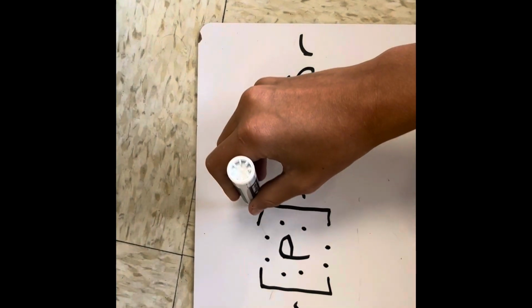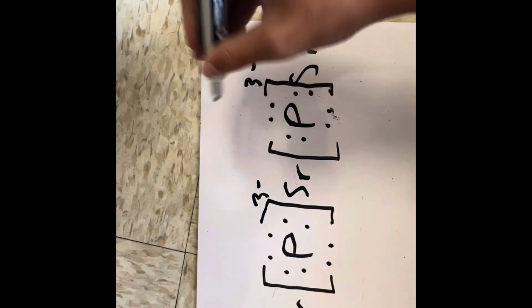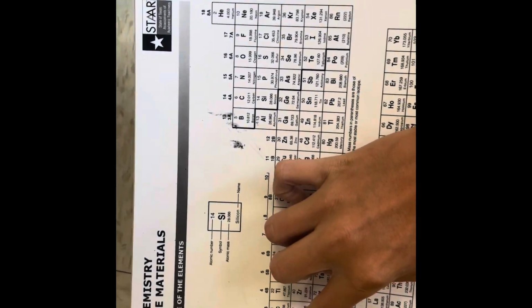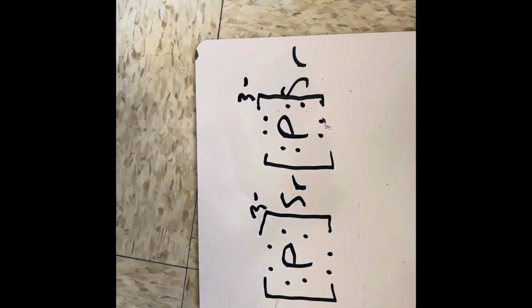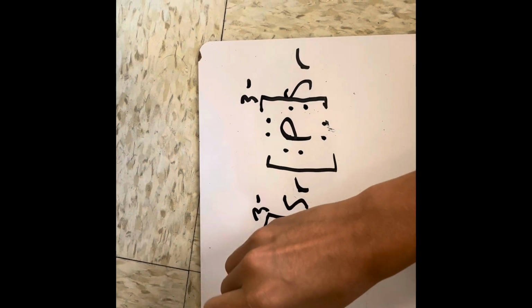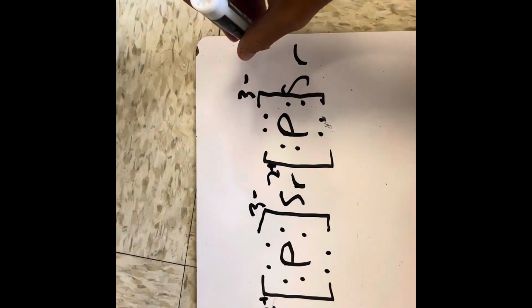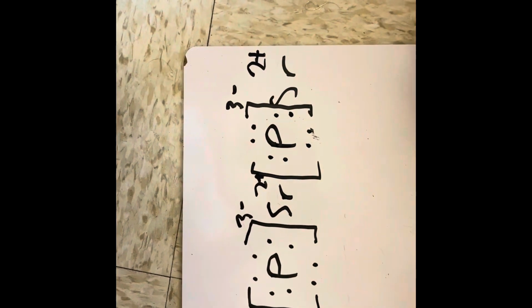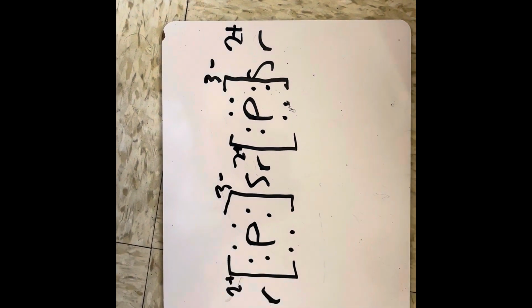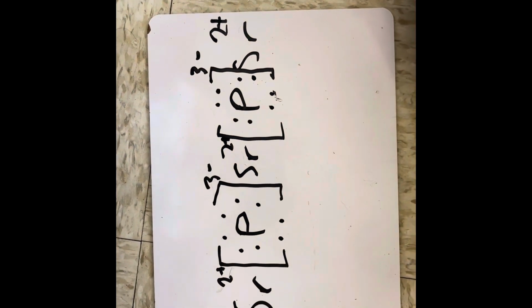So it would put 3 minus. And strontium wants to give away 2 valence electrons, so it'd have a charge of +2. So we'll write it like this. And that's our equation for strontium phosphide.